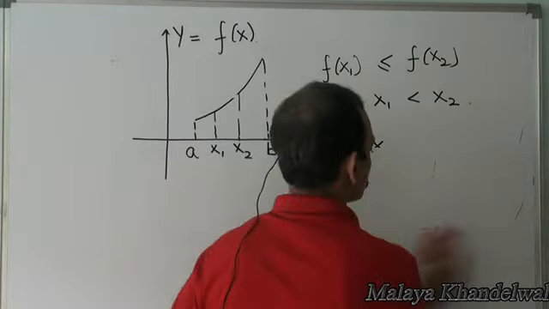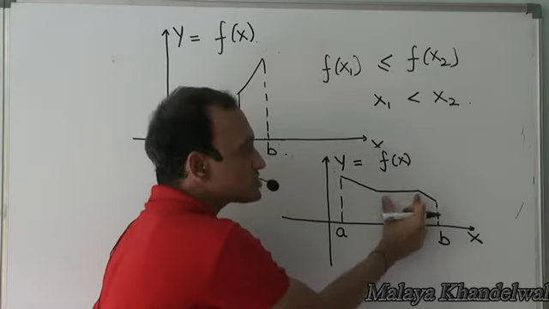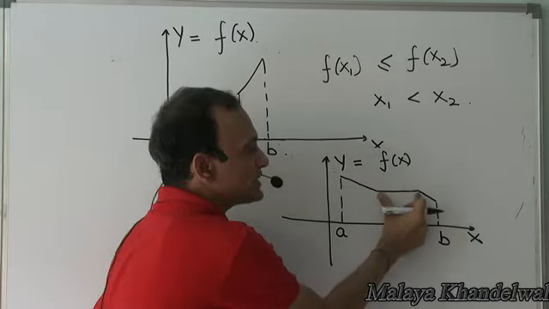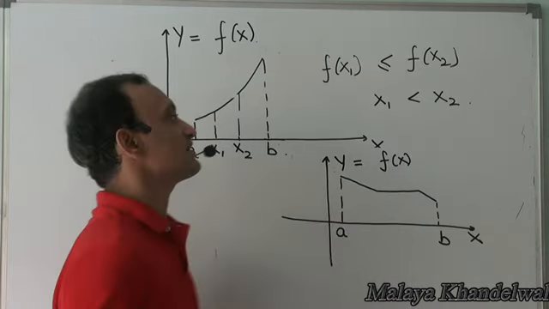Say, if I had something like this, in the interval a to b, do you realize that even though the function maintains a constant value at a certain set of points, the function is a monotonically decreasing function. It's non-increasing. It is at least not increasing. So this is also a monotonically decreasing function.